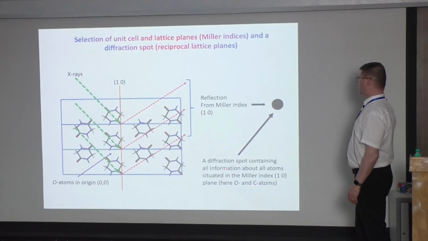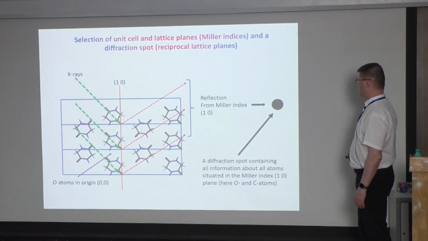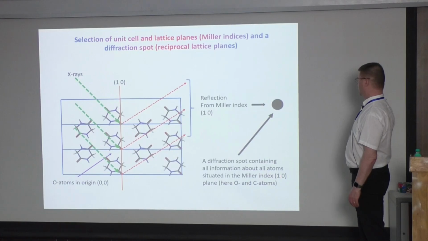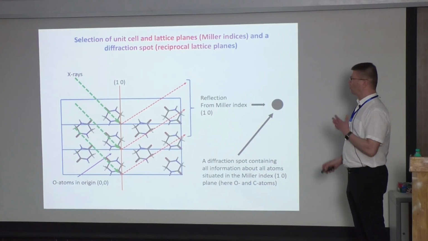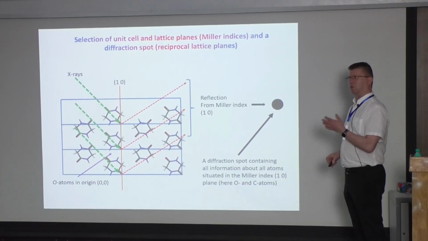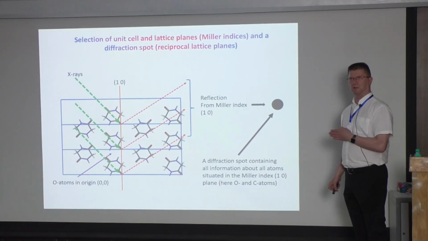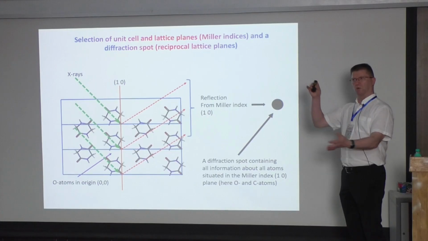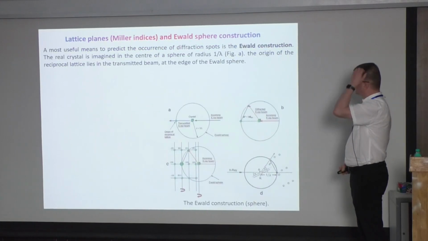The diffraction spot contains all the information of all atoms situated on this Miller index plane, here O and carbon atoms. So when we record information from this plane, we see these atoms there. That's the point. This is why the diffraction happens, and this is why they have to be ordered in 3 dimensions.